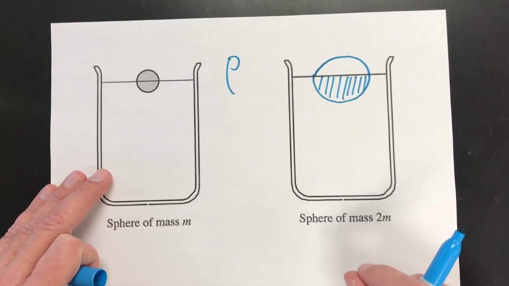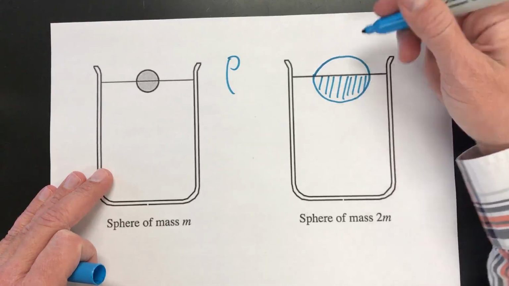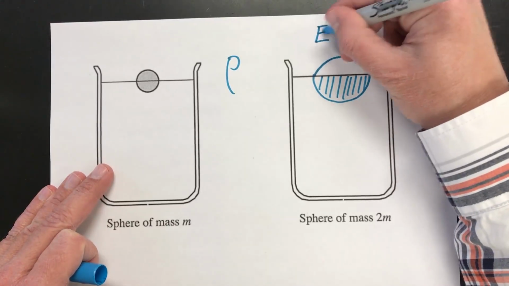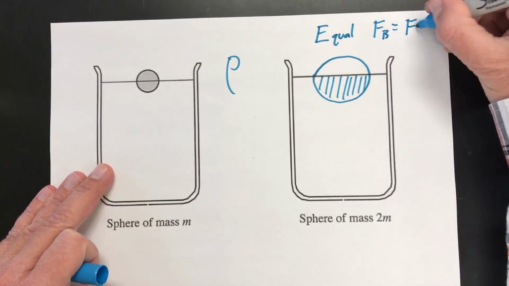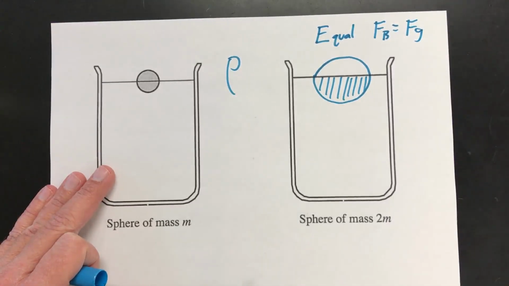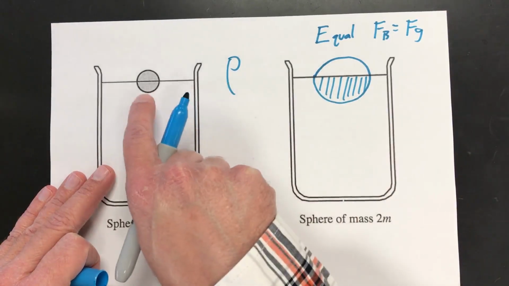So it says in its final position, how does the buoyant force on the larger sphere compare to its weight? Well, it's going to float, so the buoyant force is going to be equal to its own weight, in other words. How does the volume displaced by the larger sphere compare to that by the smaller sphere?